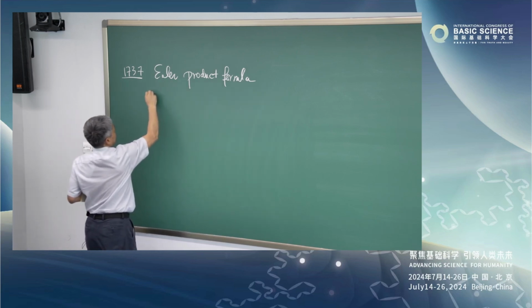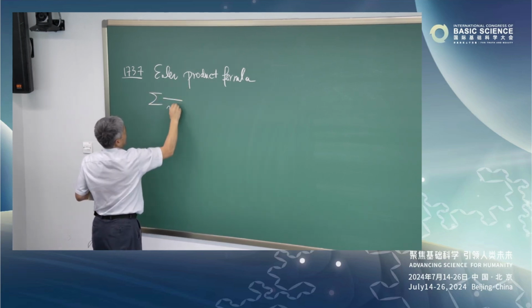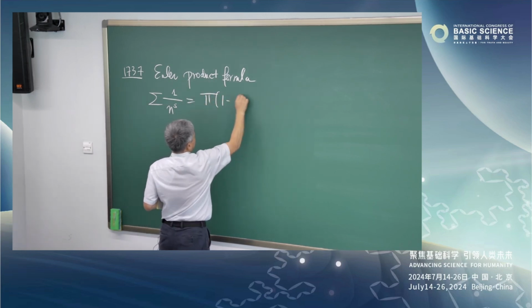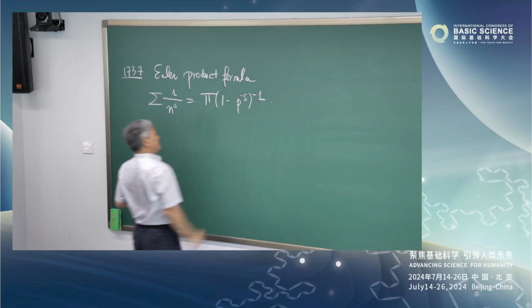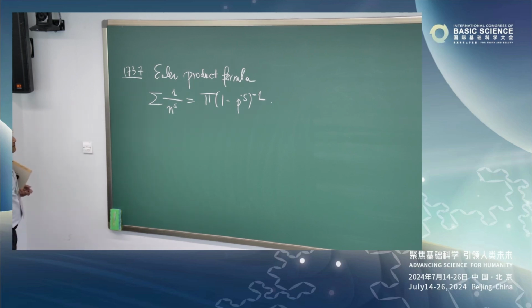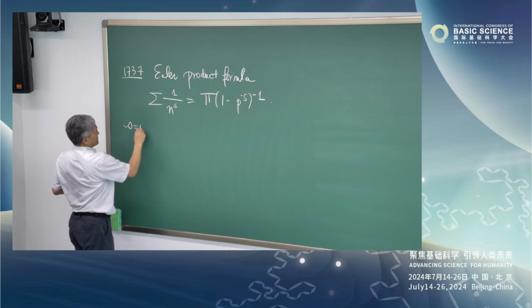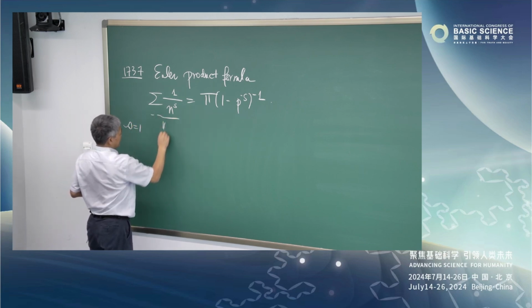So basically the product over primes of 1 over 1 minus p to the minus s. Then we know that when s equals 1, this side is infinity.